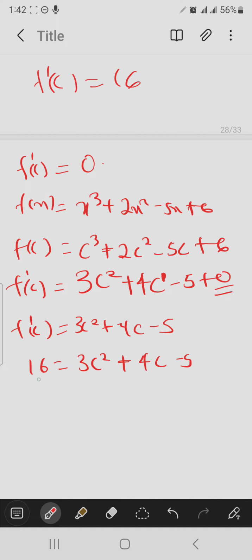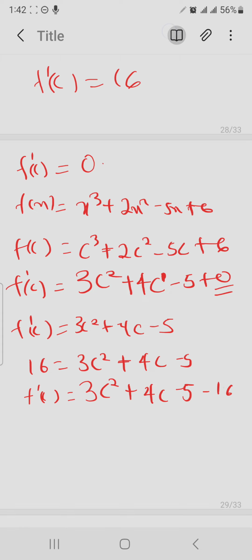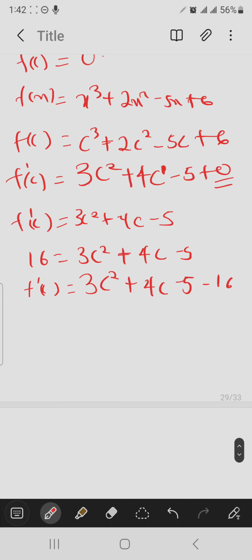Because when this one comes here, we have 3c squared plus 4c minus 5 minus 16. So now this will be equal to 3c squared plus 4c minus 21. So this one is going to be 0.